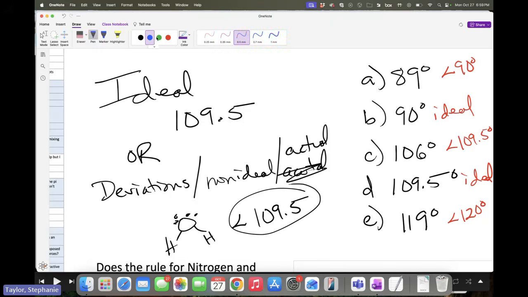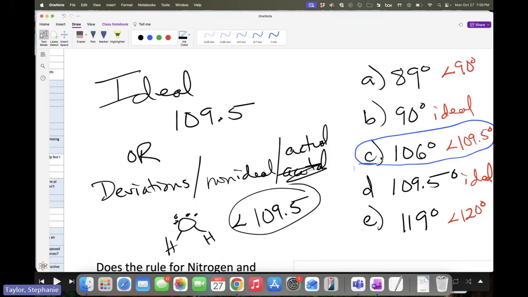So this is the other thing that we can do: we can either have you just tell us the ideal, we could ask whether it is less than that ideal bond angle, or we could do numbers, but then you would have answer choices where there's only one correct answer.